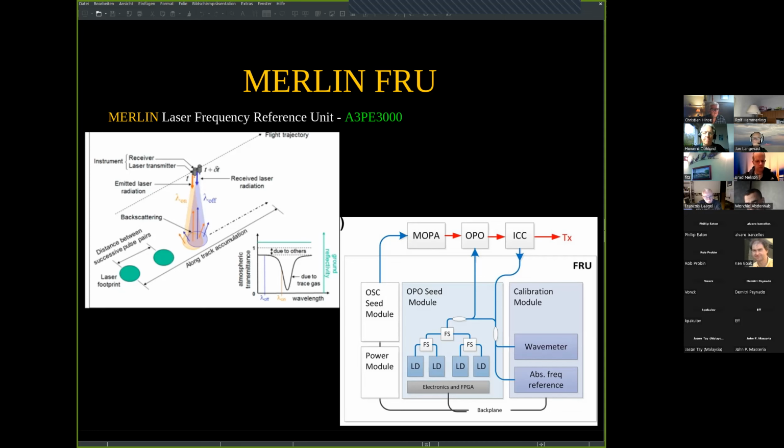And some more words about how the synchronization is done. There is a so-called absolute frequency reference on board the satellite, as part of the frequency reference unit, which is a tube filled with methane.